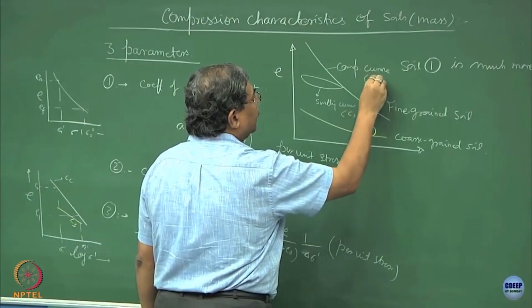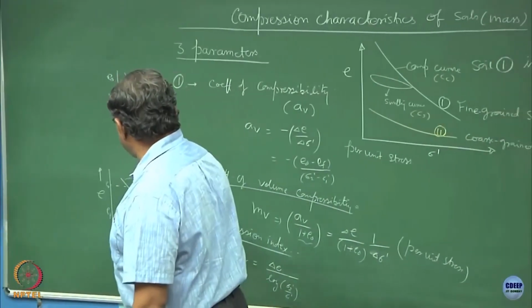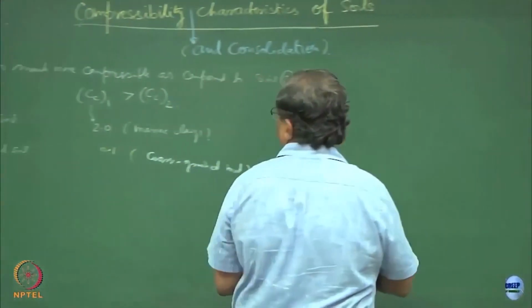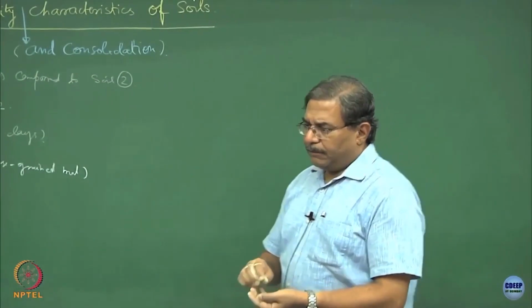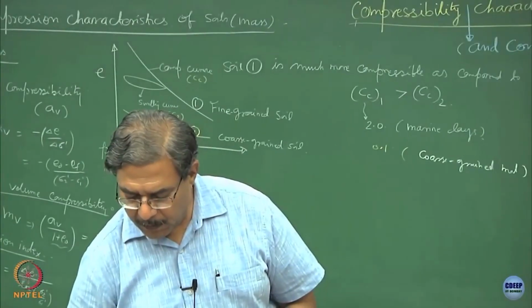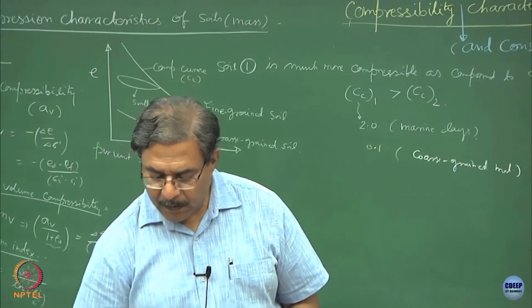This is Cc. Cs and Cc can be utilized to characterize the soils. There is an empirical relationship which is given and which can be utilized for most of the practical work.